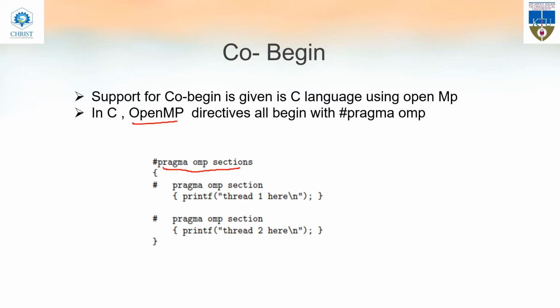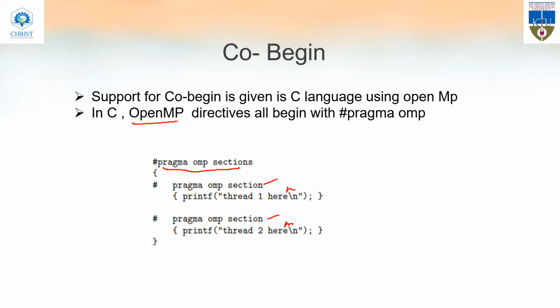The specialty of this is each section will be executed concurrently. Each omp section may have n number of steps, and this one may have m number of steps. The first section and the second section will be executed concurrently, which is similar to co-begin. In co-begin all the statements will be executed concurrently.